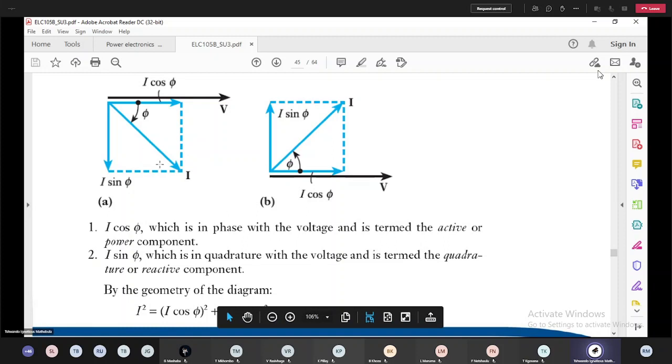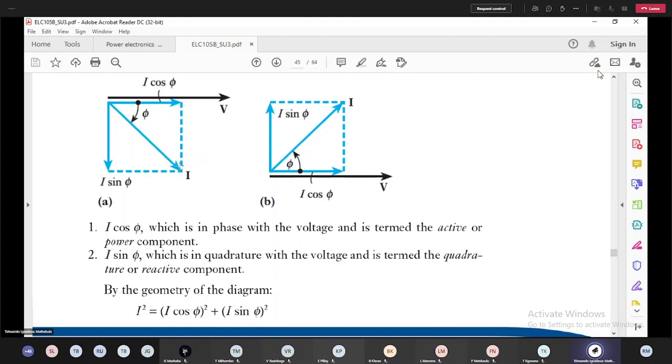So if, for an example, I've got a lagging current I, this would be, for an example, if I've got an RL circuit, I can have I cosine theta, which is in phase with the voltage and is referred to as the active or power component. So that I cosine theta is what we call the active or the power component.